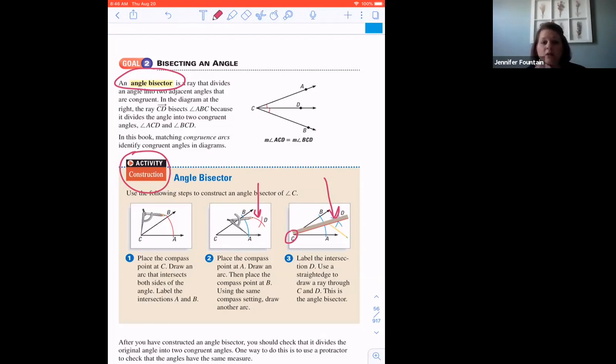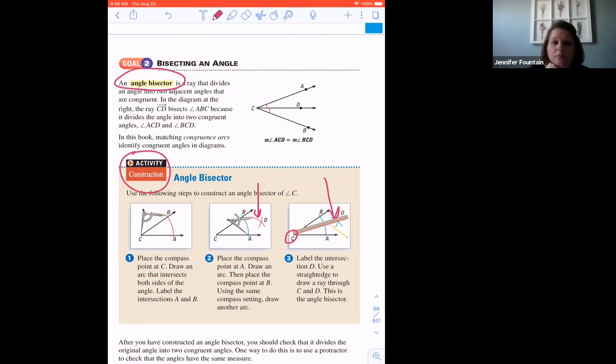In the diagram at the right, the ray CD bisects angle ABC because it divides the angle into 2 congruent angles. So now we have angle ACD and angle BCD. It says in this book, matching congruent arcs, identify congruent angles in diagrams.